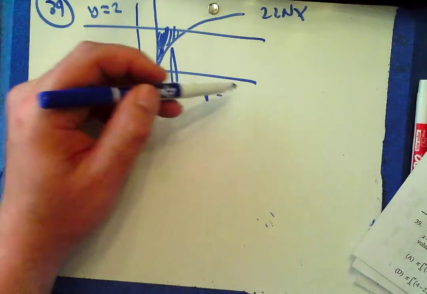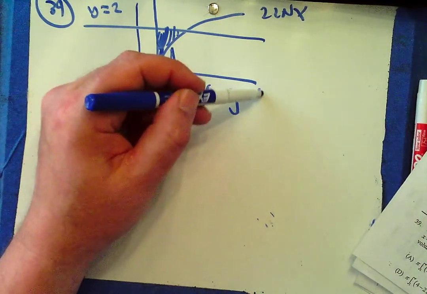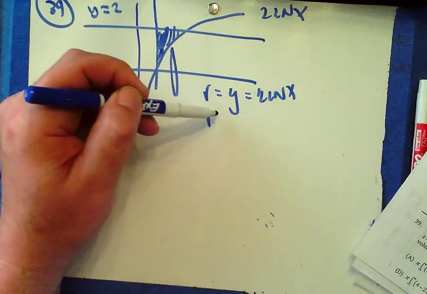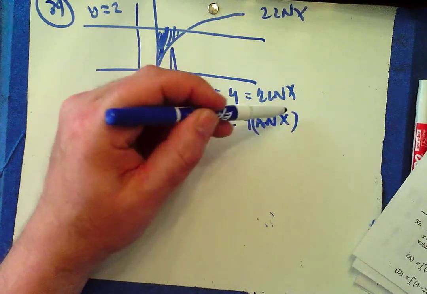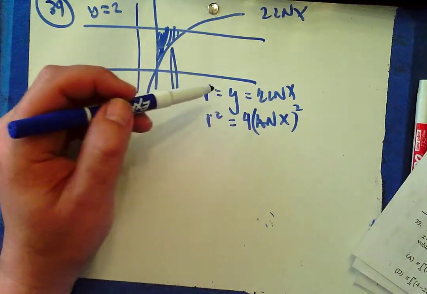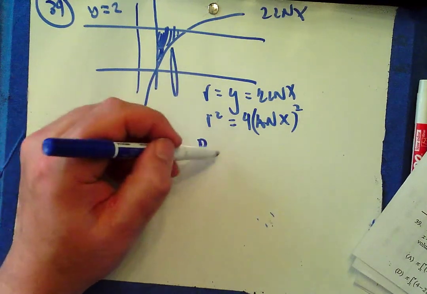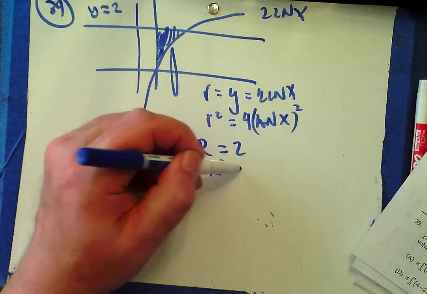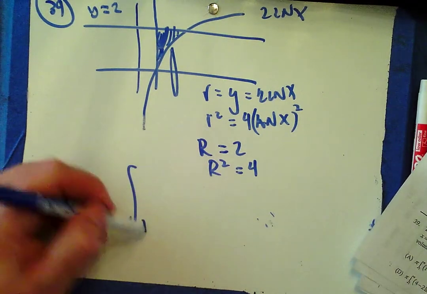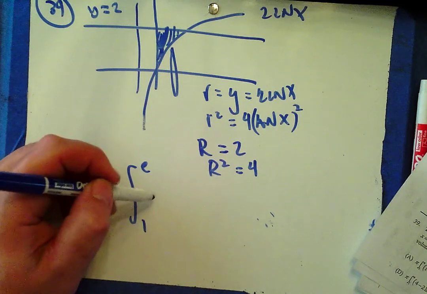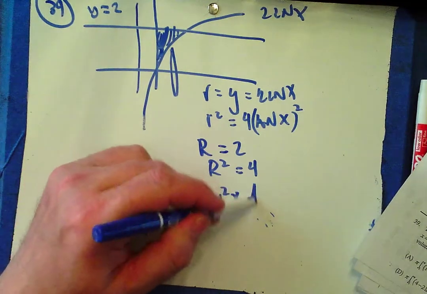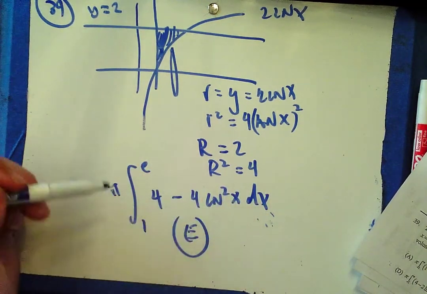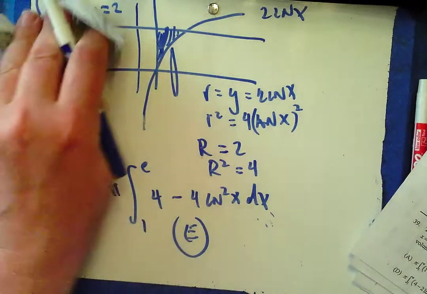Our little r is the y value called 2 ln of x, so little r squared is 4 ln of x squared. And big R is a constant 2, so big R squared is 4. And so we'd have the integral from 1 to e with a pi out in front of 4 minus 4 ln squared x dx, and that looks like choice E. E for number 39.